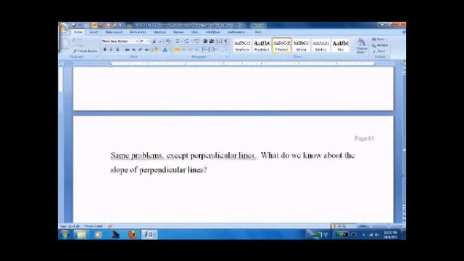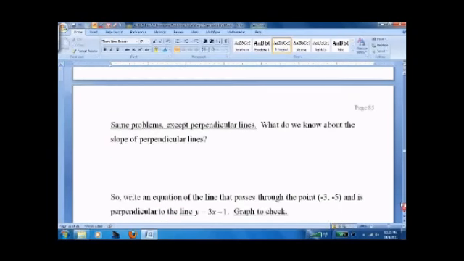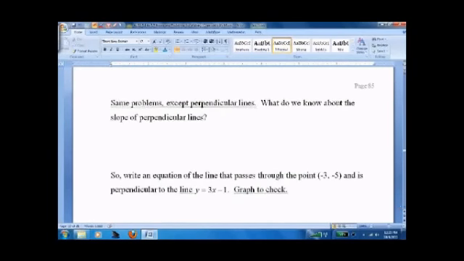Flipping over, do perpendicular lines. Perpendicular lines are at right angles. And the slopes are opposite reciprocals.